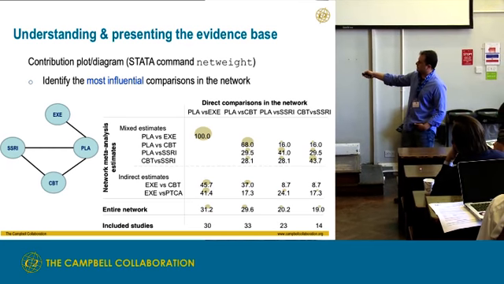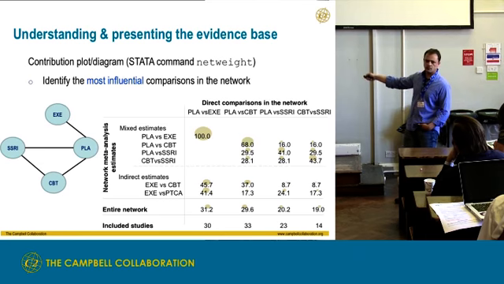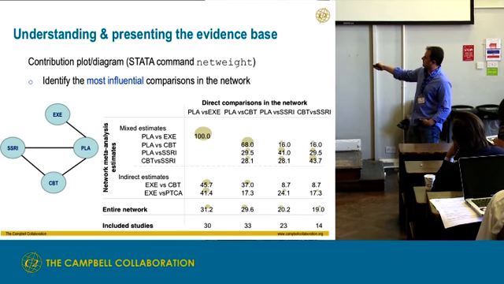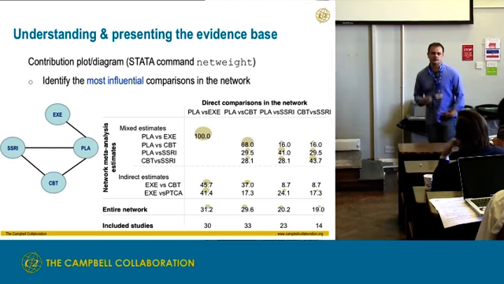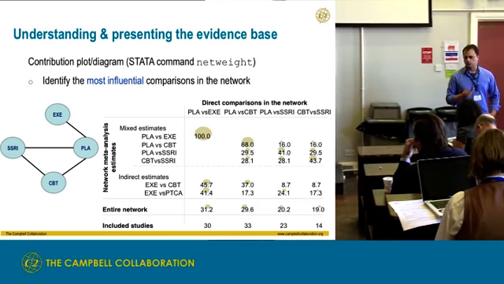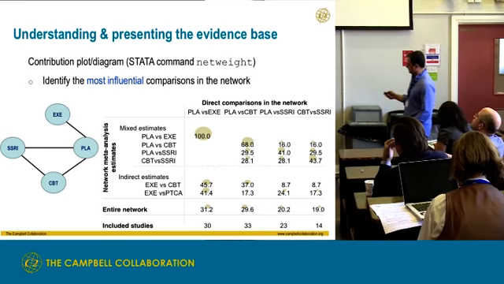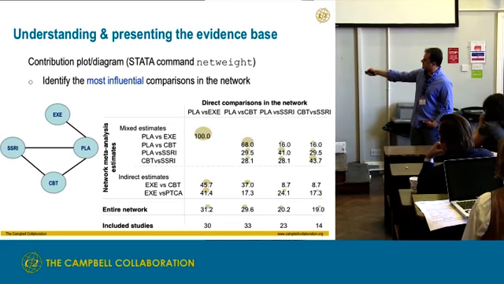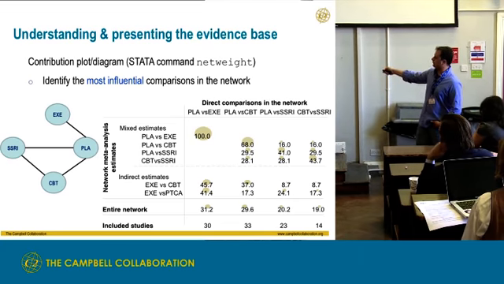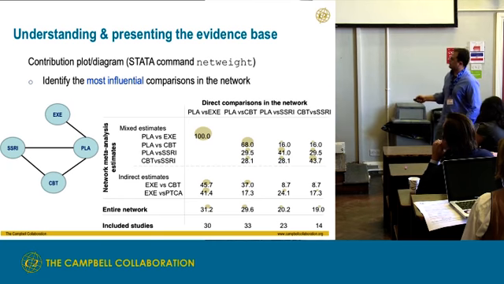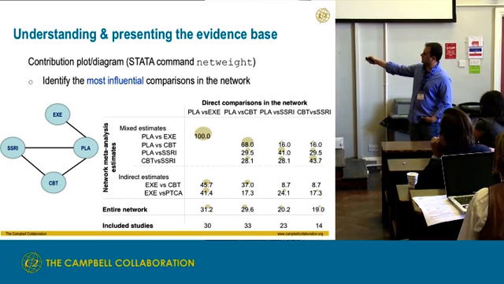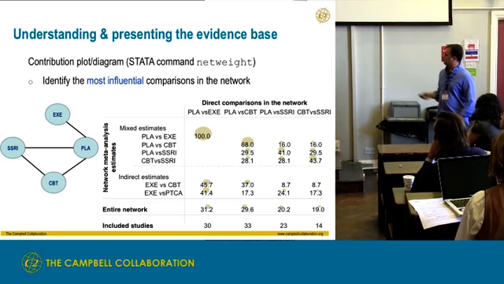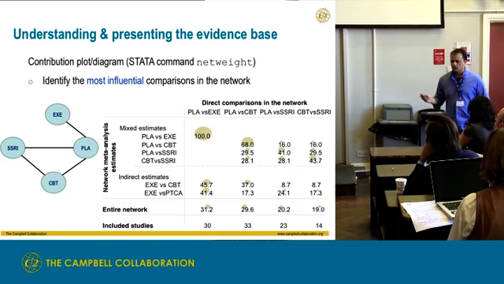So exercise versus CBT, there are no direct studies comparing these two. And I know that they take almost 46% from that comparison, 37% from that, and very little from the other two. And also, I know how much each direct comparison contributes to the network. So most of the information comes from here. Was that clear?